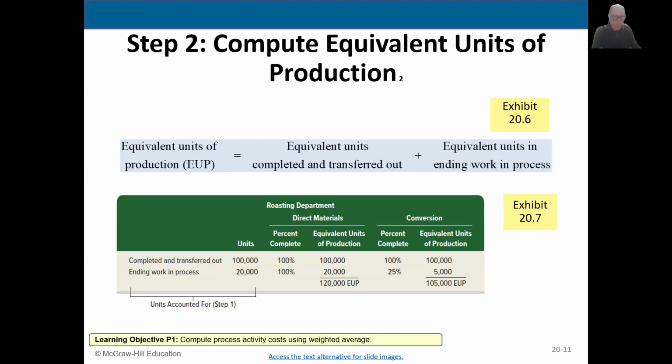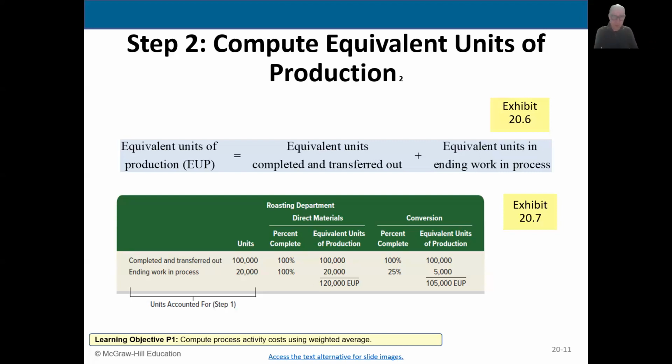But remember, at the ending work in process stage, we had 25% complete. So we take the 20,000 units in ending work in process times 25%, which means we have 5,000 units in ending work in process identified as equivalent units of production.